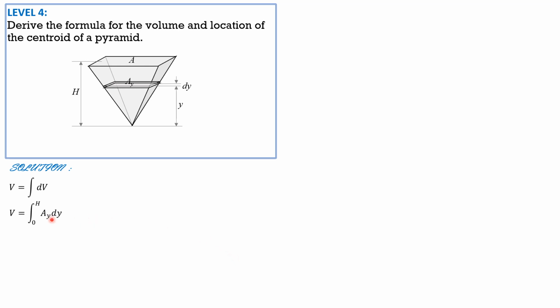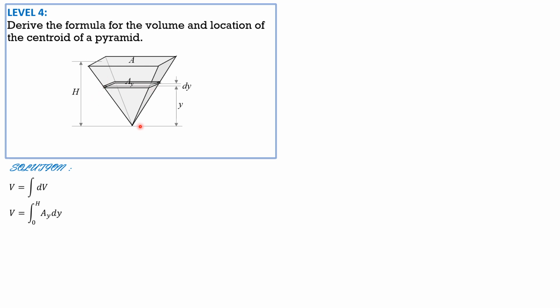So we must express area y in terms of y by similar solids. Because this is square units, it should be proportional to y square. So that's the principle in similar solids.